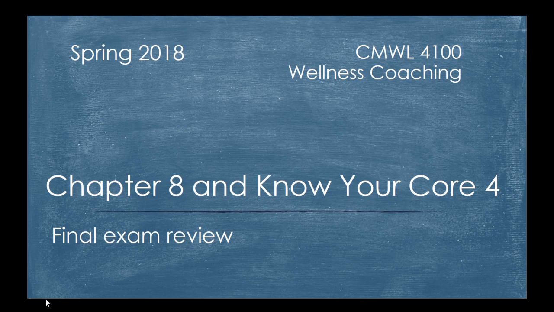The next stage is going to be elevated. This is basically when we have a range of 120 to 129 over the top, and less than 80 as far as the diastolic. This used to be considered normal, but with the new ranges, 120 to 129 systolic and less than 80 diastolic is considered elevated, and that's over a consistent reading.